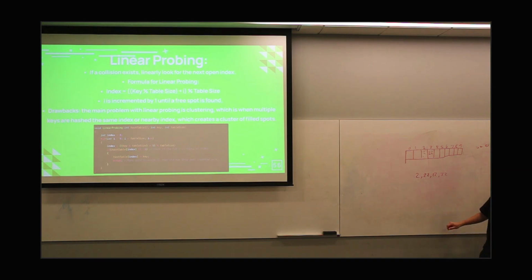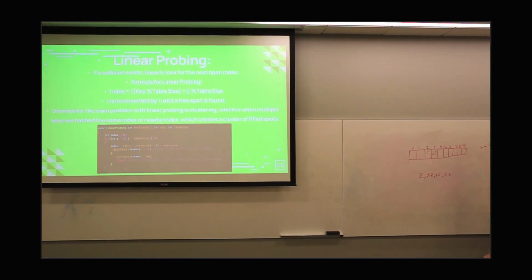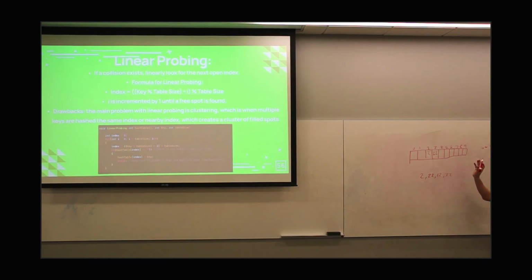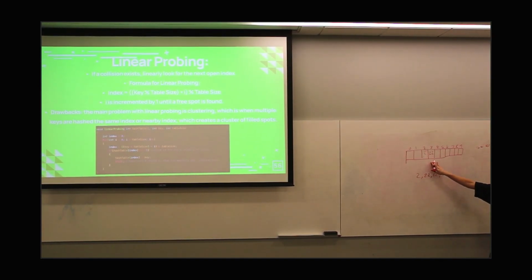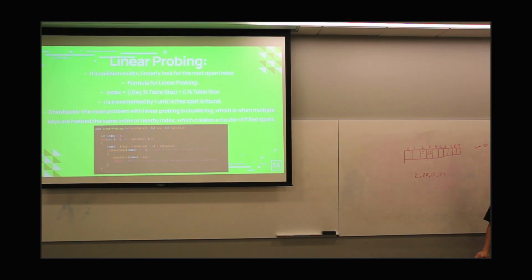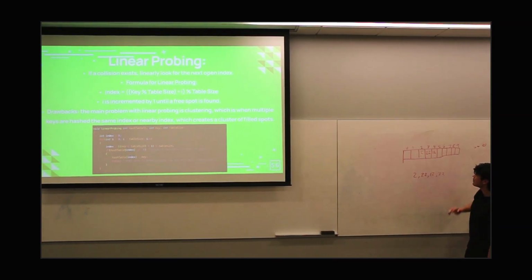As you can see, it's just linearly looking for the next available spot in the array or the hash table. So in this case, what would be the index for 12? If it's looking for the next open spot, which one would it be? If our previous one was 3, what would be the next open spot? 4, yes. So 12 would go there.